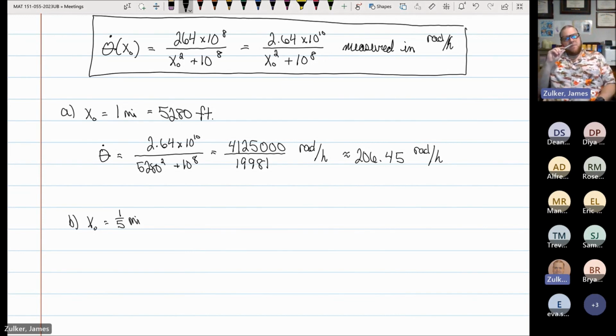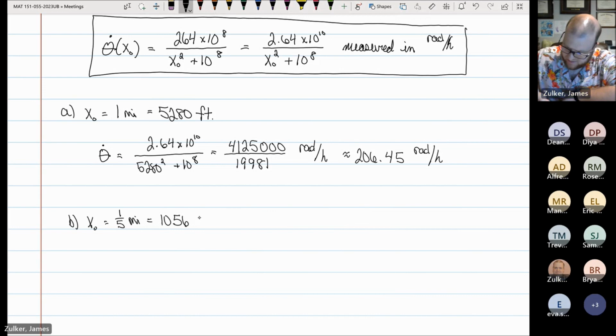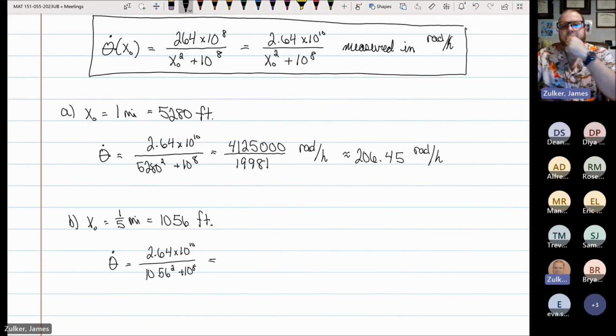All right, we wanted next 1/5 of a mile. Well, that's 5280 divided by 5, which is 1,056 feet. All right, just plug in 1056 for x naught.